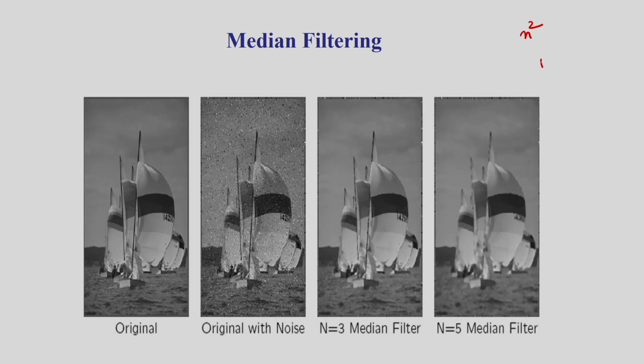And suppose I consider an n by n image, then for the entire image the computational complexity is n square into n square. In this case some algorithms like the quick sort algorithm can be applied for the sorting to reduce the computational complexity.